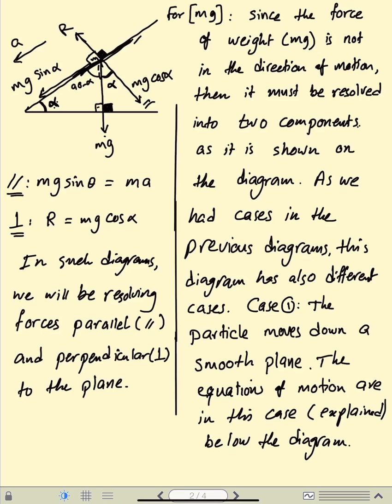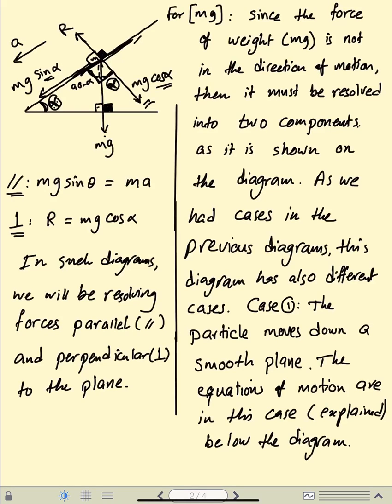Fact number 2: the whole angle here, don't forget this fact, is always 90. Between the cosine and the sine, the angle is always 90. So if this is 90 minus alpha, this is also alpha.